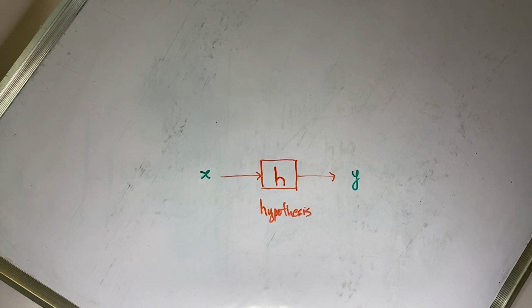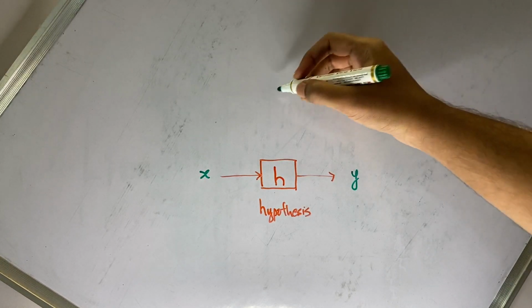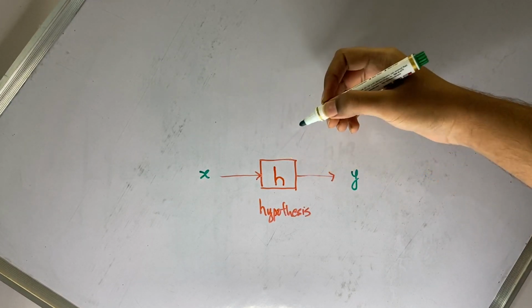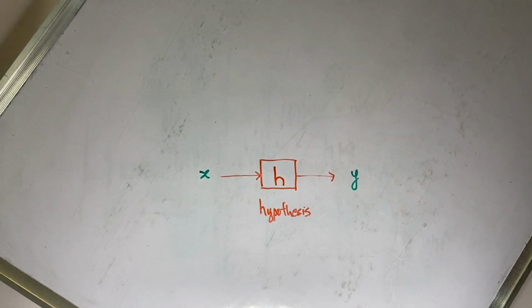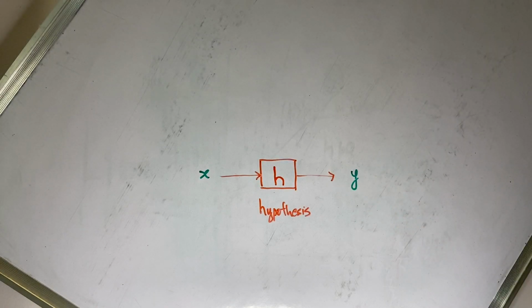If we need a proper estimation, then our hypothesis should be proper. So, to build a proper hypothesis, we need to develop a learning algorithm. How can we tweak this hypothesis in such a way that it can give pretty accurate output?